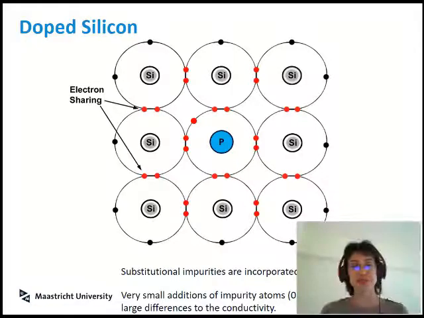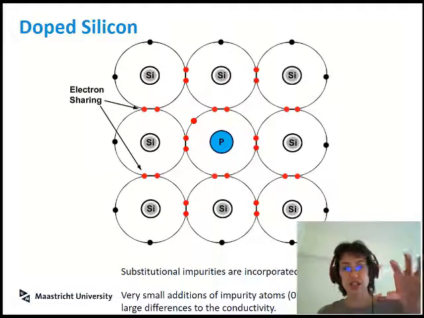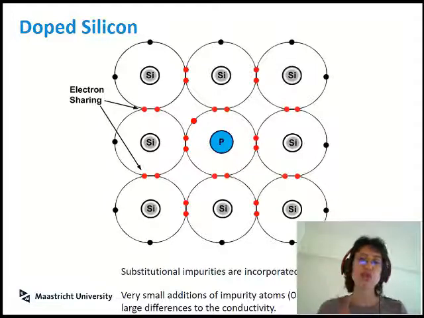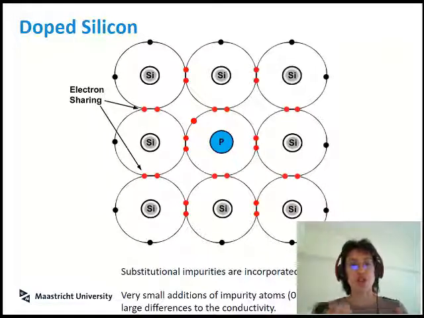And what happens here? Well, we know phosphorus, for example, is in group 5 of the periodic table. So the group 5 elements have 5 electrons in their outer shells. So that means that when phosphorus sits in the place of a silicon atom like you've got here, it has one extra electron that's not needed in bonding. So it's very loosely bound into that outer orbital, but it's not required for covalent bonding.